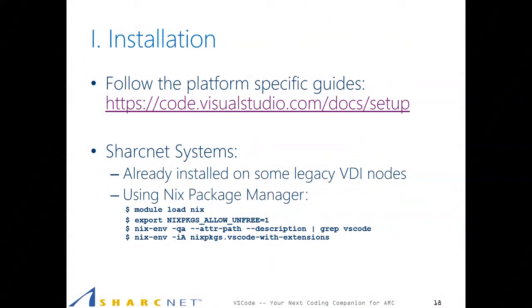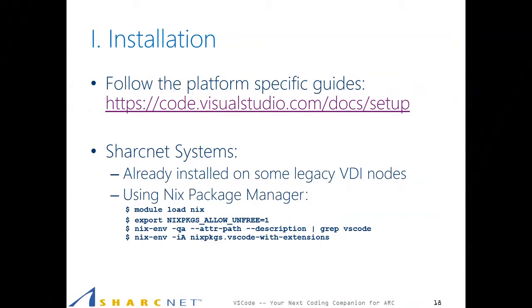including Sharcnet legacy systems. So for both Sharcnet legacy systems and also Graham, the first thing you should do is module load Nix, and then define this environment variable, export NIXPKGS_ALLOW_UNFREE equal to 1. It's necessary because the binary distribution of Visual Studio Code is categorized under unfree, but actually it's free.